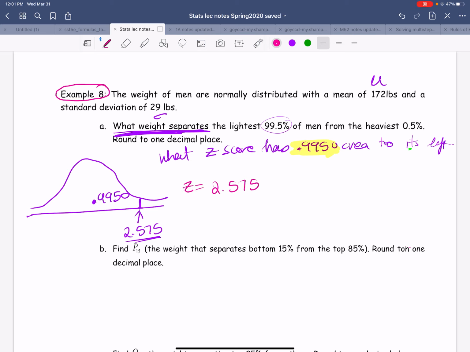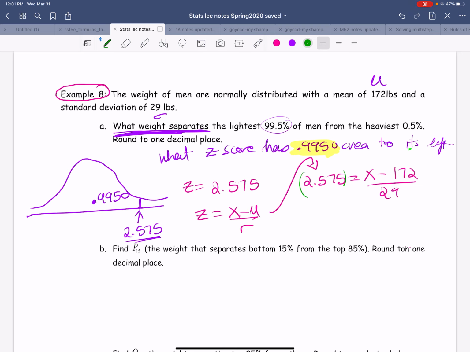Once we know the z-score, finding the data value is not a big deal because we knew the z-score formula is data value minus mean divided by standard deviation. So z-score 2.575 equals the data value, which is what we're looking for, minus the mean, 172, divided by the standard deviation, 29.